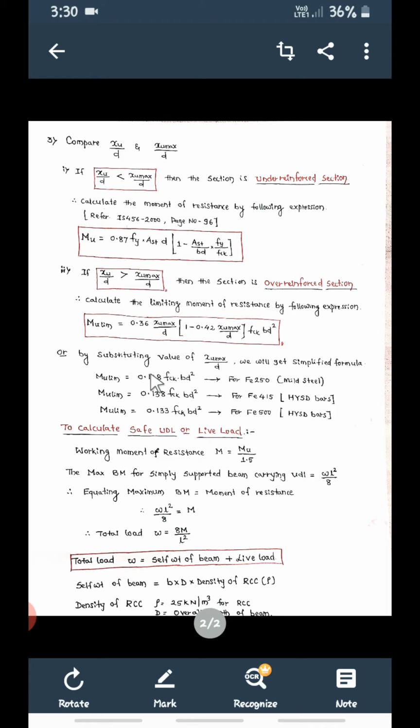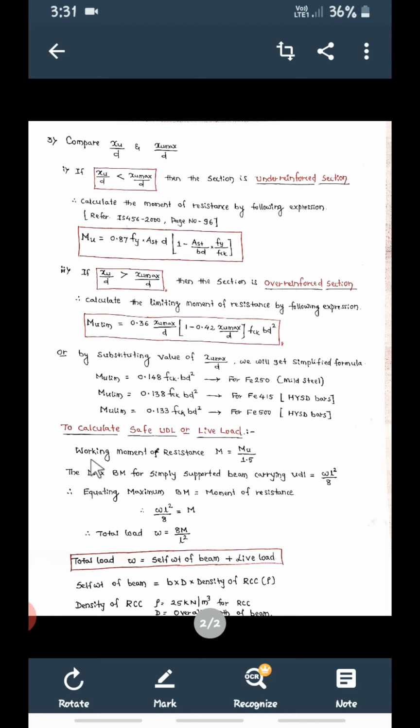Suppose they ask to calculate the UDL or live load that the beam will be subjected to, that we need to calculate along with this Mu. In that case, whatever Mu we calculate here, Mu or Mu limit, this is the ultimate moment.